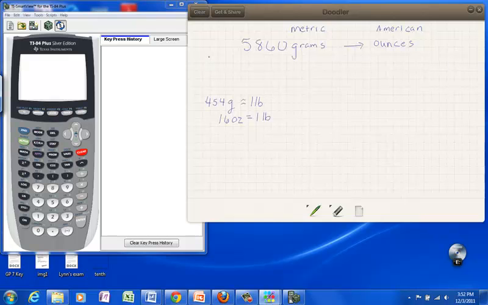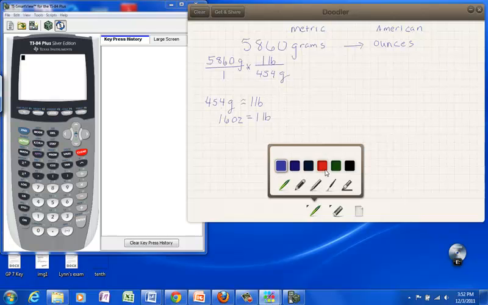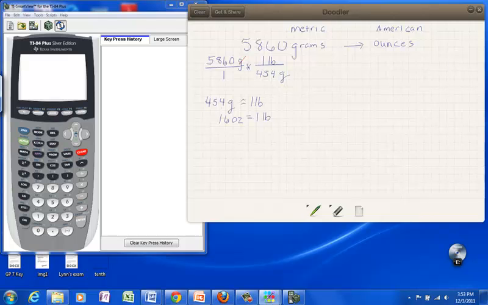We'll start off with this given information, and we'll put that over 1 to make it into a fraction. Then we want to times by something that will cancel the grams. So I'm going to times it by 454 grams in the denominator and 1 pound in the numerator. That's going to cancel those grams.